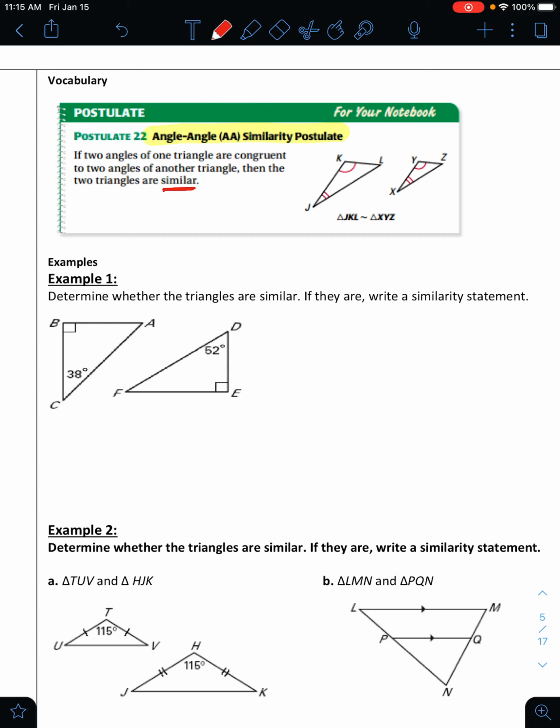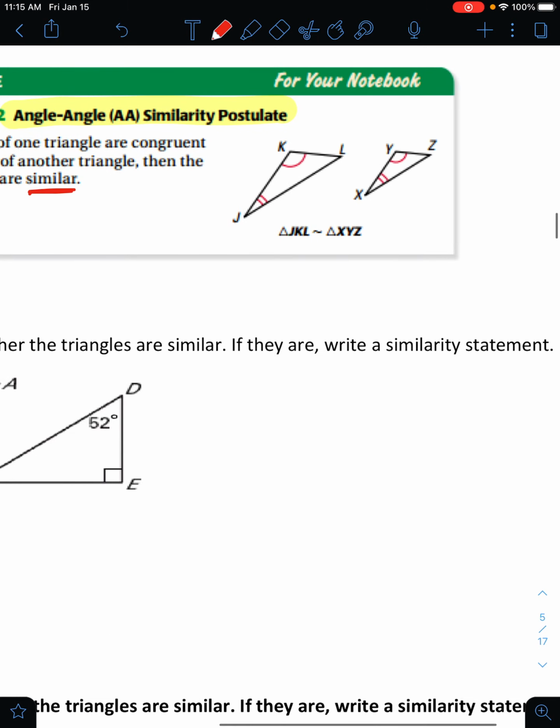So if you look at the diagram here, it's called AA, but technically all 3 angles in one triangle are congruent to 3 in another. But remember that third angles theorem that would explain why L and Z are congruent? Because we can just do the math with triangle sum. So we don't really have to worry about the third angle because it's always going to be congruent.